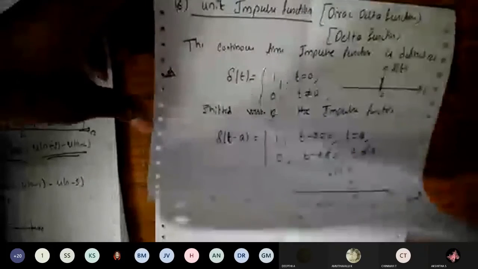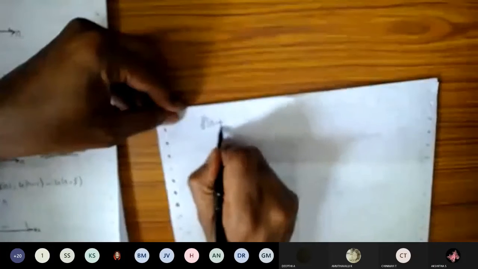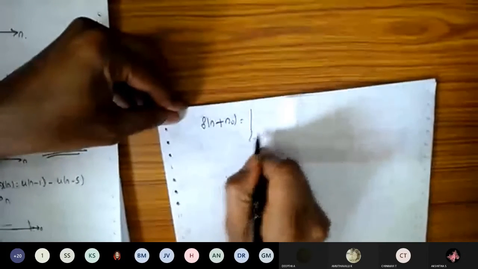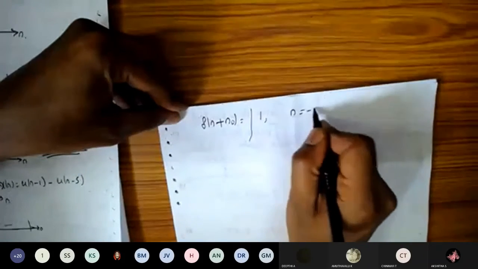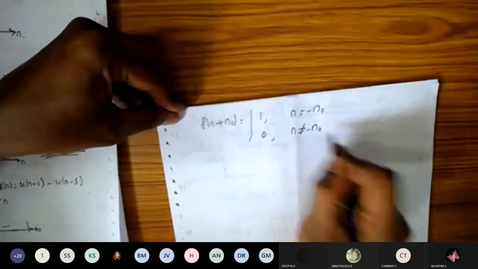Similarly, we can have the left shifted version of the unit impulse function. Delta of n plus n naught is equal to 1 for n equal to minus n naught, and 0 for n not equal to minus n naught.